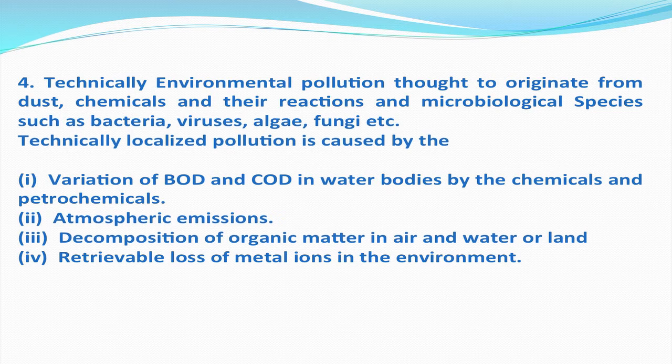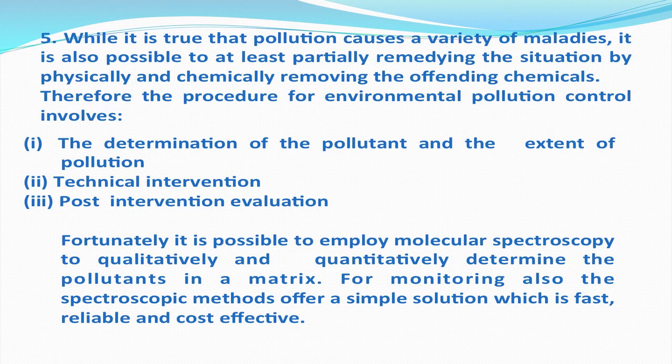Now, while it is true that pollution causes a variety of maladies, it is also possible for us to at least partially remedy the situation by physically and chemically removing the offending chemicals. Therefore, the procedure for environmental pollution control usually involves determination of the pollutant, how much of the pollutant is there in the environment.